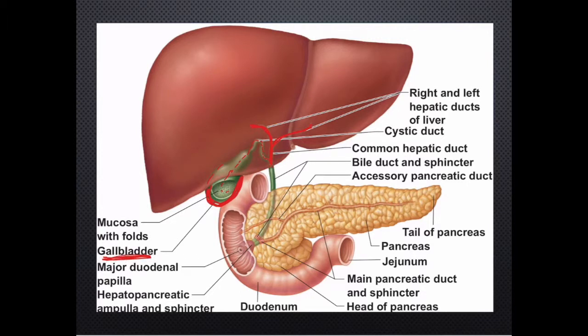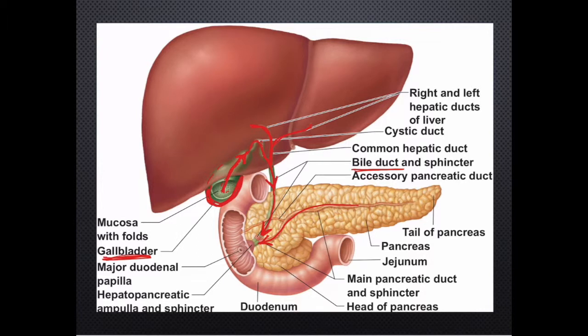And the gallbladder function, as we're going to learn, is to absorb the fluid out of the bile and make it concentrated. This concentrated bile will then be released from the gallbladder to the cystic duct and then to the common bile duct. The common bile duct will be conducting the bile down, and it will be fusing with the main pancreatic duct carrying the pancreatic secretions.